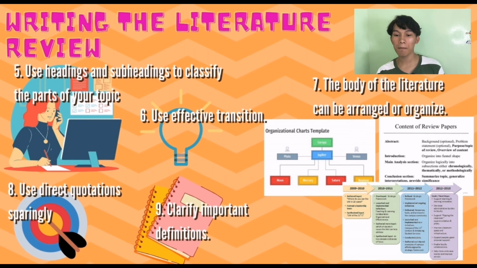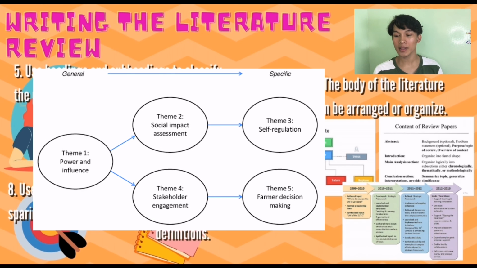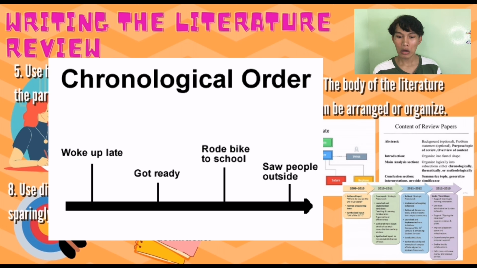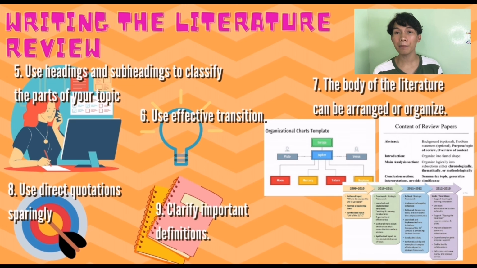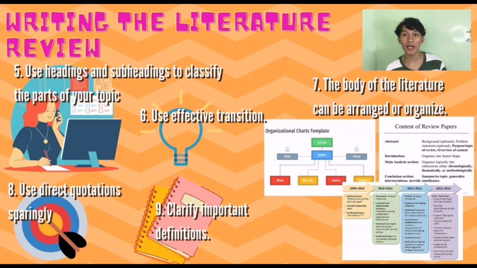Number 7, we have the body of the literature review can be organized thematically, methodologically, or chronologically. And number 8, we have use direct quotations sparingly. The last part of writing the literature review is to clarify important definitions. Always explain and let the readers understand you fully.